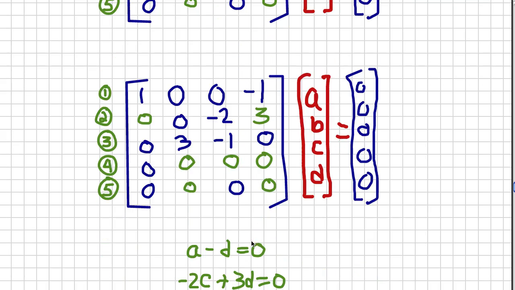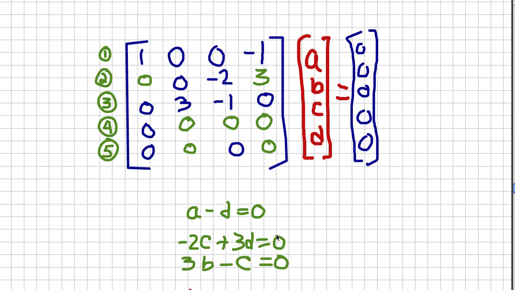So I have this matrix equation: 1 times A plus 0 times B plus 0 times C minus 1 times D equals 0. That's A minus D equals 0. Here I have negative 2 times C plus 3 times D equals 0. And over here, I have 3 times B minus 1 times C equals 0.